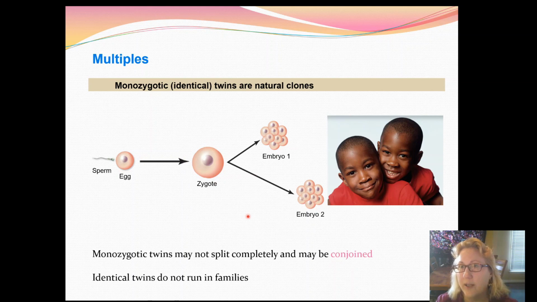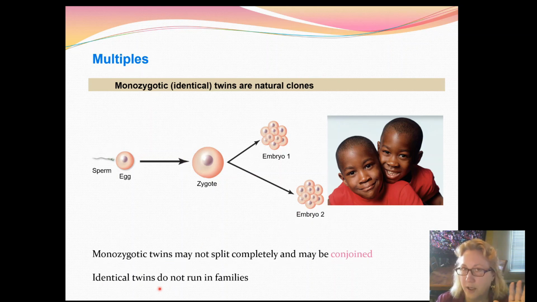And at some point later in development, it splits. Sometimes that split is incomplete, and that's how we get conjoined twins, which luckily is extremely rare. Almost all identical twins completely separate in the embryonic stages and form 2 completely separate embryos.